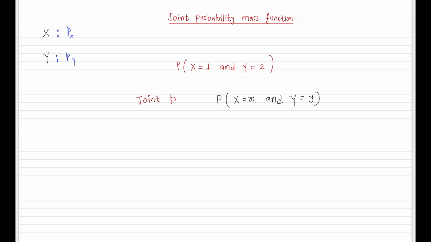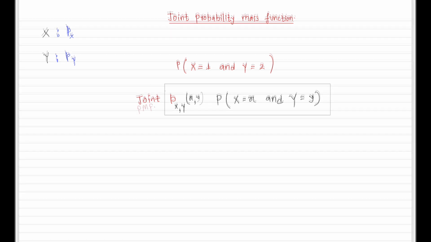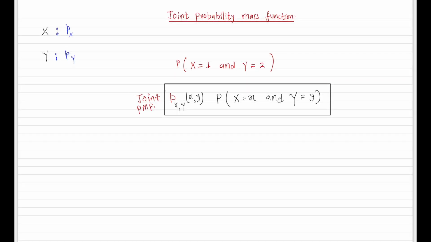Small p means we are talking about the probability mass function, and since we are talking about random variables X and Y, the subscript will be X comma Y, and it will take the arguments x comma y. So depending upon what pair you are talking about, you will get different probabilities, right?